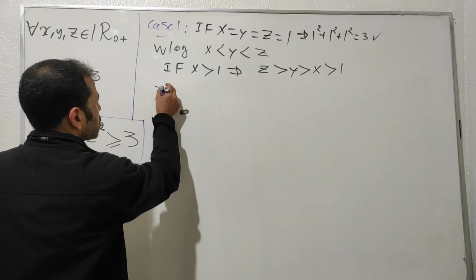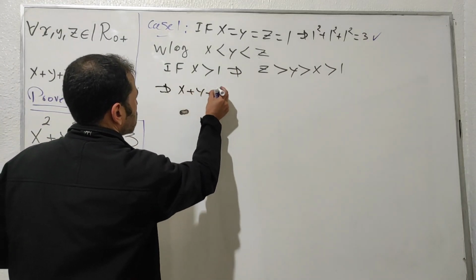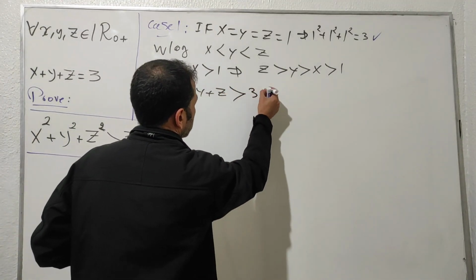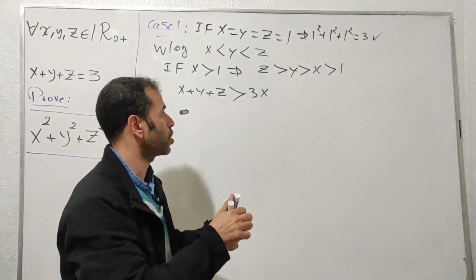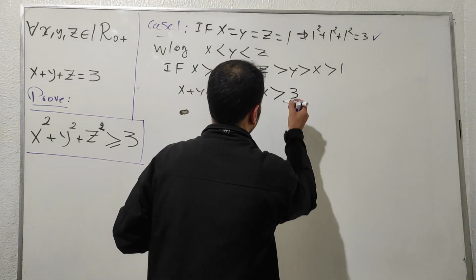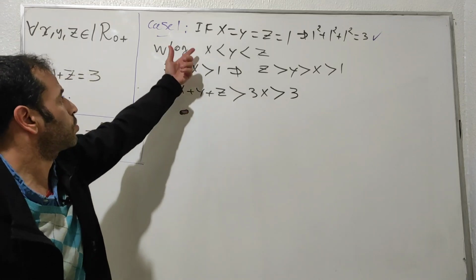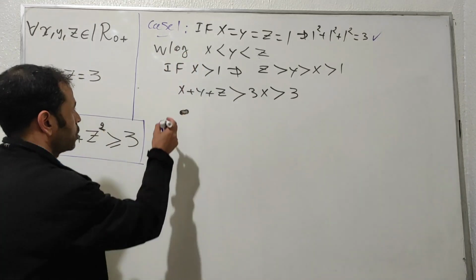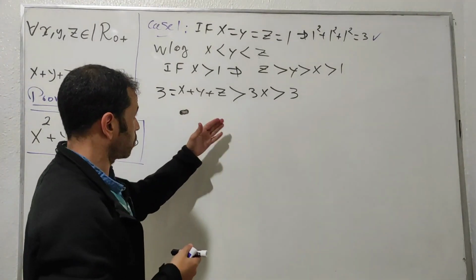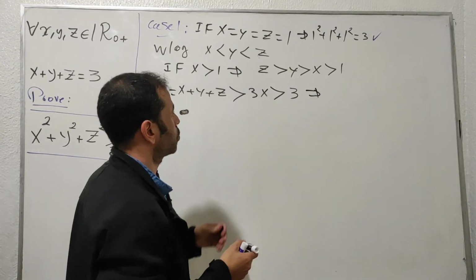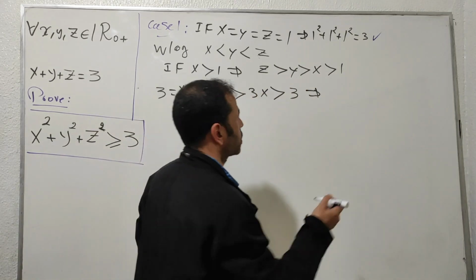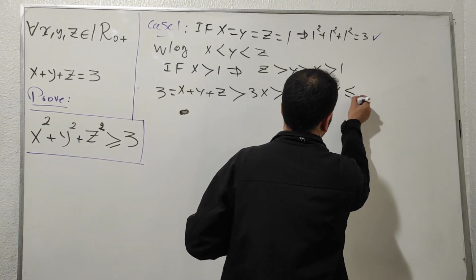We get x plus y plus z is strictly greater than 3x, and since x is strictly greater than 1, this is strictly greater than 3. But the sum of these values equals 3. It's impossible. Which means x must be less than or equal to 1.